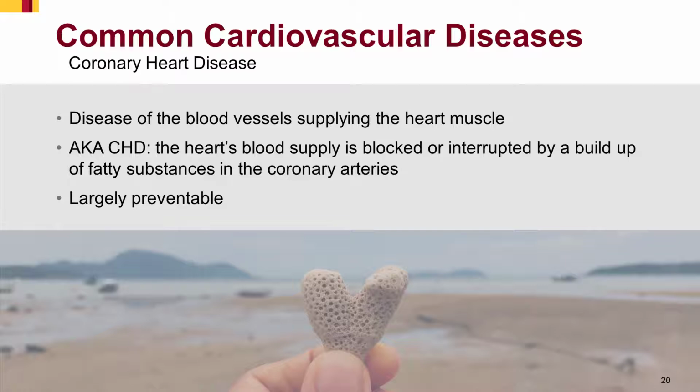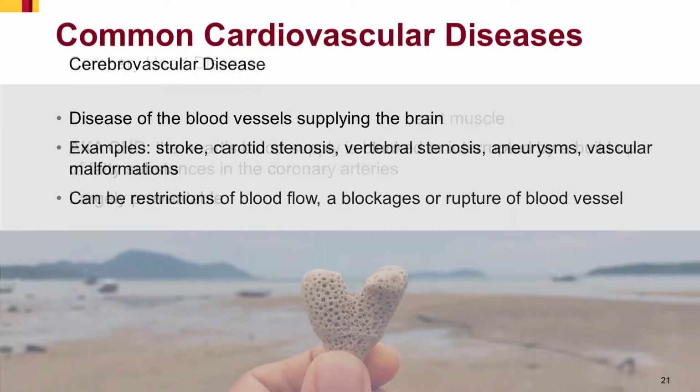And the heart's blood supply is blocked or interrupted by buildup of fatty substances in the coronary arteries. This is a largely preventable disease. Like we talked about before, diet, activity, weight, substance use, all of these things contribute to the blockage or non-blockage.